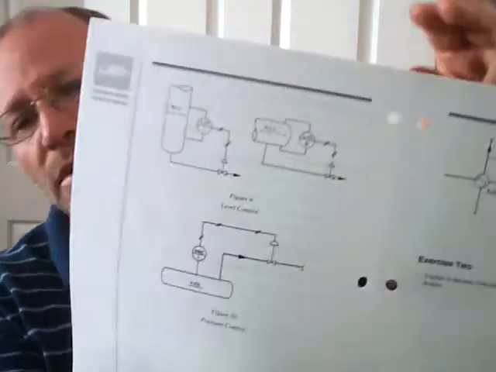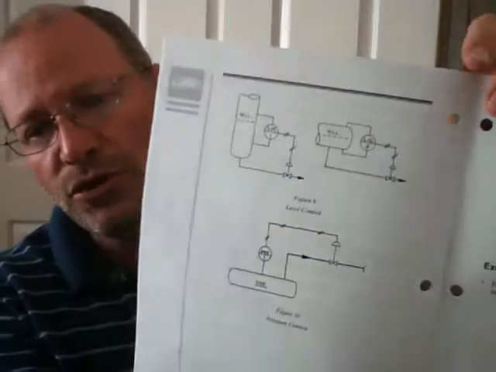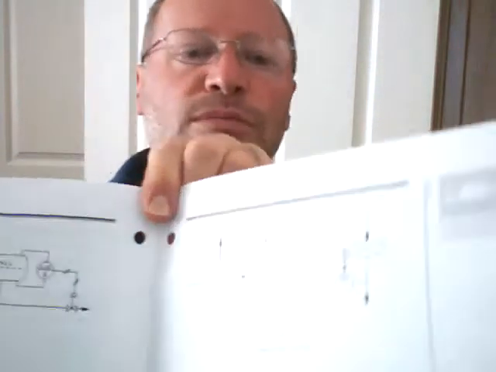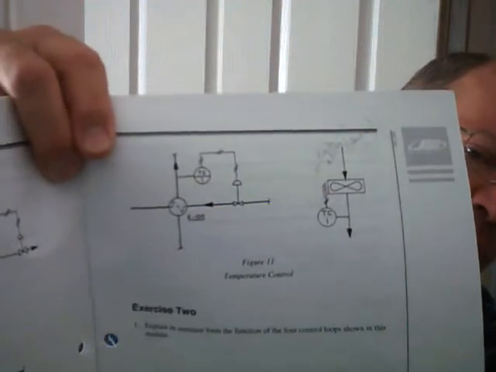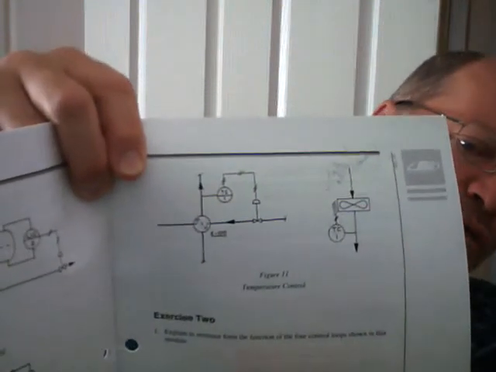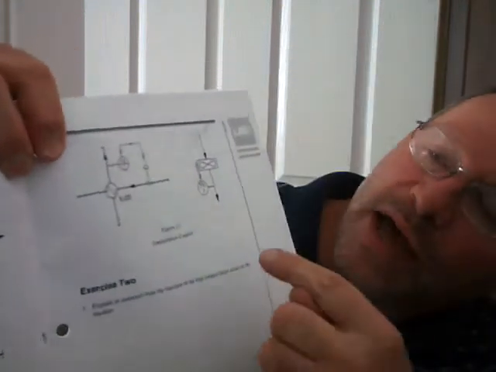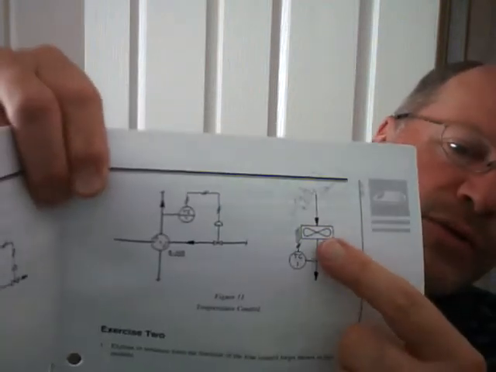As you can see here, you have flow control, level control, pressure control, and when you talk about temperature, you have two ways to control it. We have a control valve, or when you have a fin fan, you have to put this symbol here.